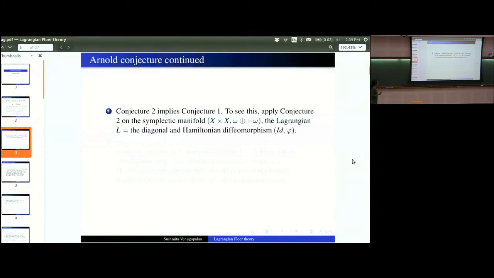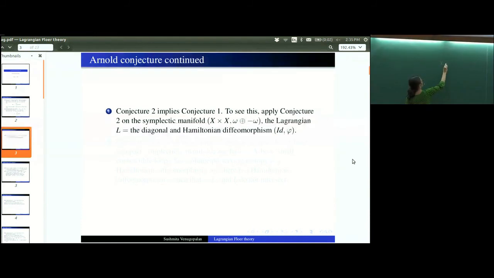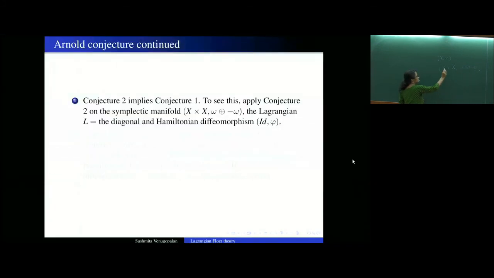The Lagrangian version of the conjecture actually implies the Hamiltonian version. For that, have you all seen this construction? If you have a symplectic manifold and you take a product with itself and take its symplectic form as omega on X and minus omega on X, then the whole thing is a symplectic manifold.